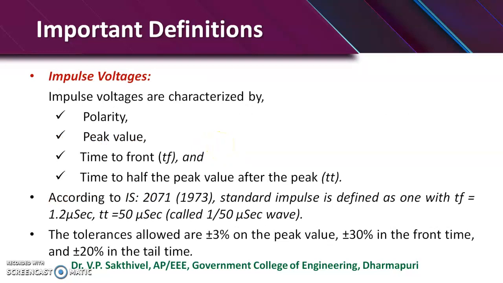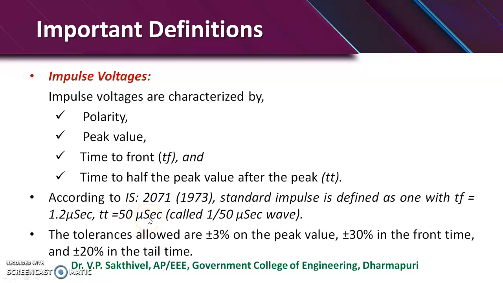The next one is the impulse voltage. For this impulse voltage, we have already discussed that it depends upon the wave front and wave tail, that is front time and tail time. So the impulse voltages are characterized by polarity, peak value, front time, and time to half the peak, that is 50% of the peak wave. According to the standard, the standard pulse is defined as one with a front time of 1.2 microsecond and a tail time of 50 microsecond.